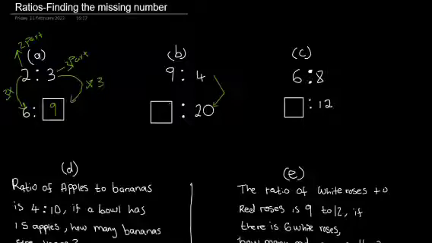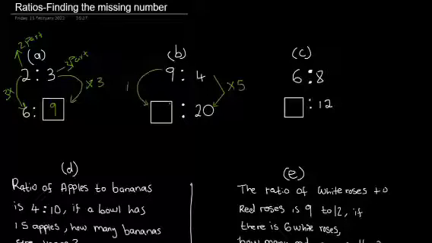You might figure that very easily and say 4 times 5 is what will give me 20. It means that the missing number should be found by multiplying also by the number 5.